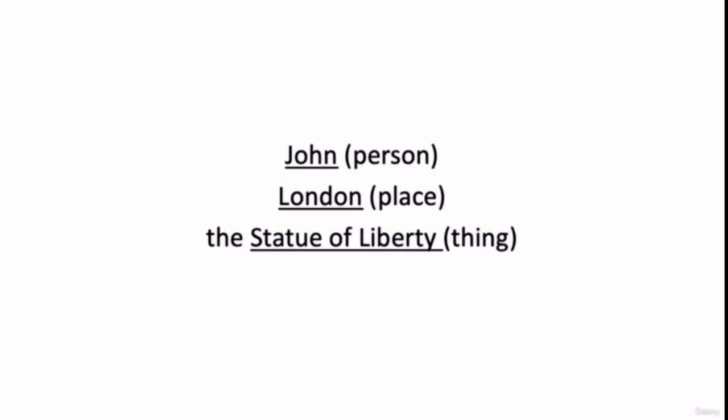Notice how the J in John, L in London, and S and L of Statue of Liberty are capitalized. This is because we always capitalize the first letter of proper nouns.